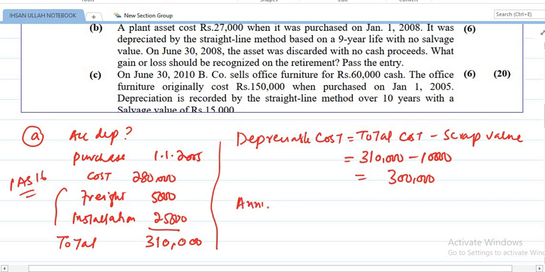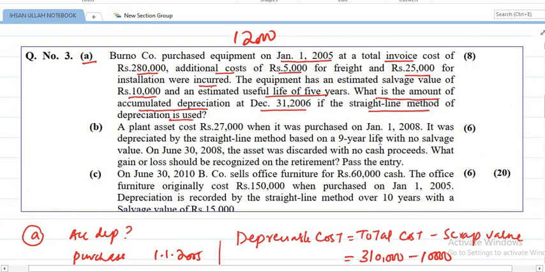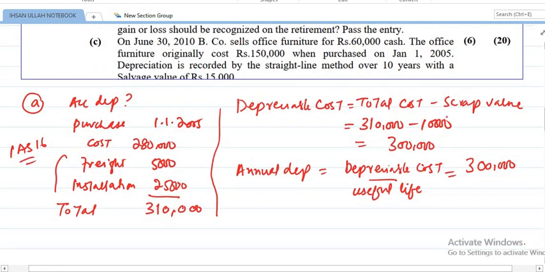Now what will be the annual depreciation? Annual depreciation is the total depreciable cost divided by estimated useful life. The depreciable cost is 300,000, and the useful life is 5 years.